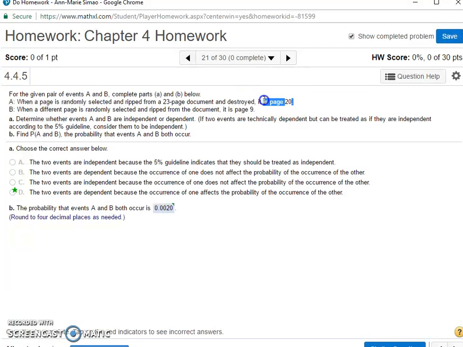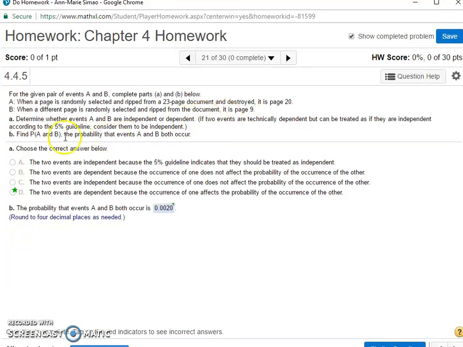So when I had that 1 out of 23, I only had 22 pages left, and one of those was ripped out. Determine whether the events A and B are independent or dependent. If the two events are technically dependent but can be treated as if they're independent according to the 5% rule, consider them to be independent. Well, these are dependent events because it depends on the first one getting ripped out.